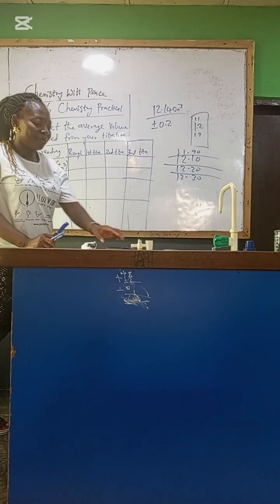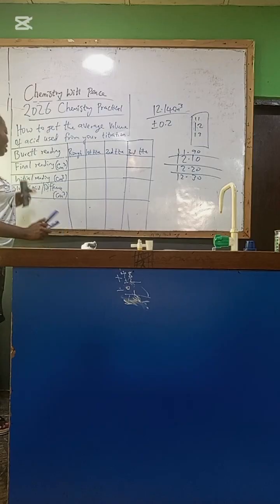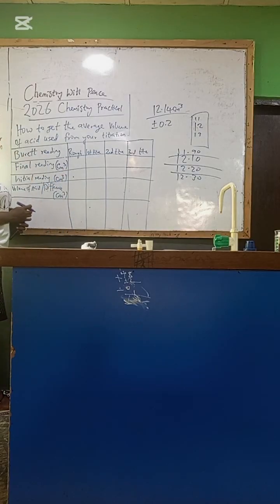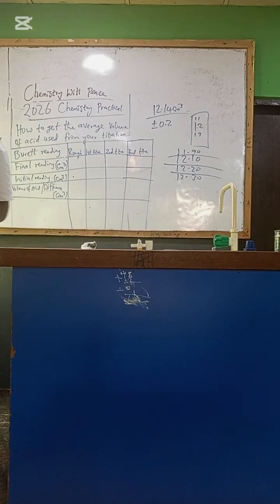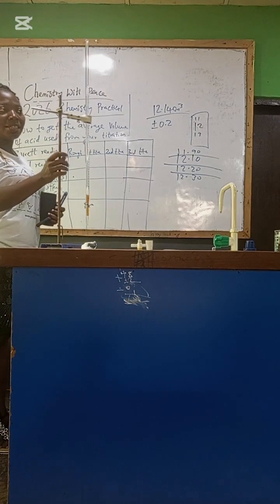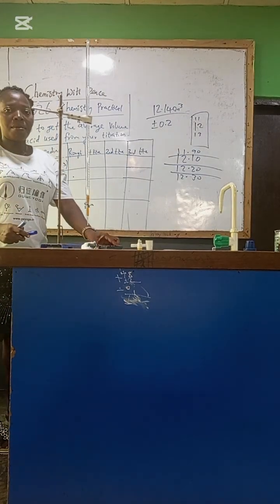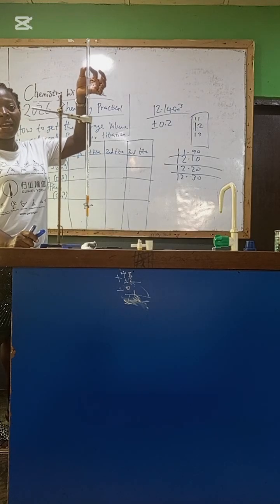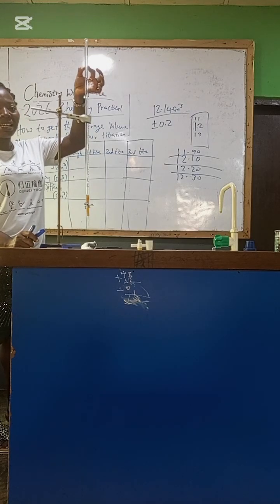Now listen. The initial is where you state what you are starting from. Now look at this. This is my burette. If I'm titrating, when I fill this burette with acid up to here, that means I'm starting from 0.00.